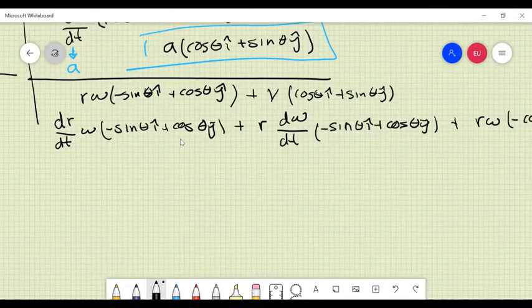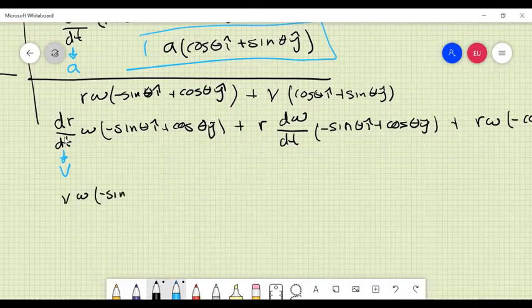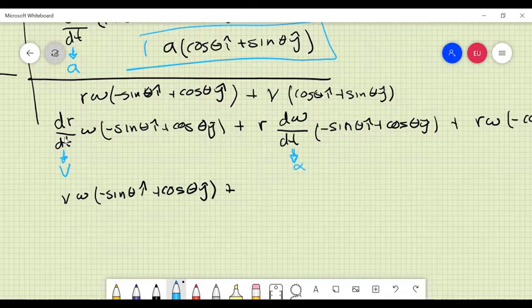Let's see, what do I get in the first one? What is this bit? Linear velocity. Okay, so let's not forget that this becomes linear velocity. So I'll have linear velocity omega minus sine times the cosine. What do I get in the second one? You know that this bit is what? Alpha? That's alpha, angular acceleration.